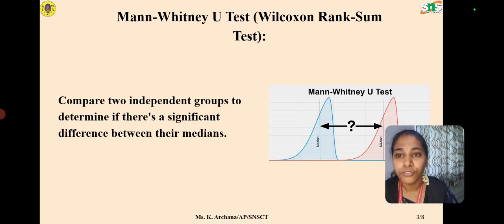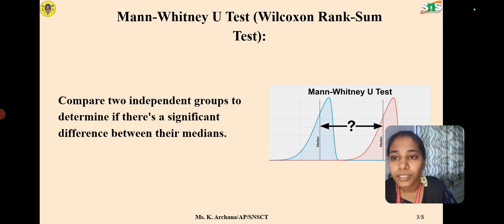There are four types of non-parametric test: Wilcoxon rank sum test, Mann-Whitney, Spearman's correlation, and Kruskal-Wallis test. In the Mann-Whitney test, we compare two sample means from the same population, to test whether it is equally distributed or not.